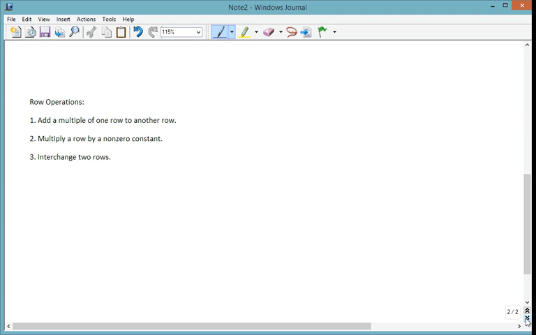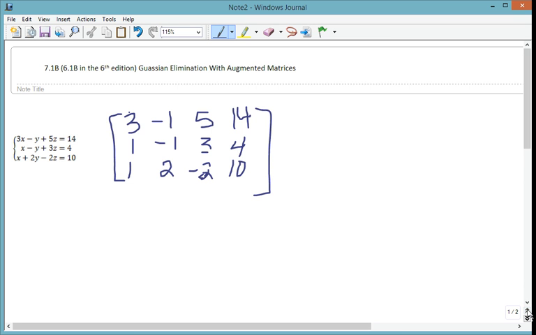We'd multiply by something and then add the rows together. And since we have everything in the same order, we're always adding the right things together. We can just multiply a row by a number, and we can interchange two rows. Those are the only three things that we're allowed to do with these row operations.